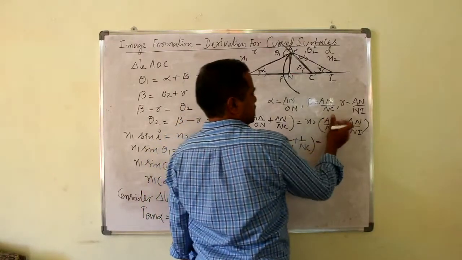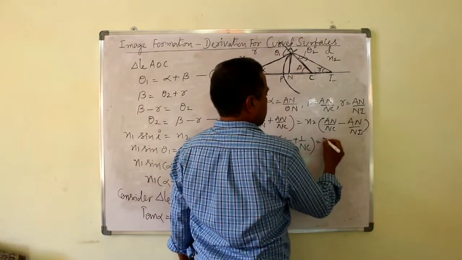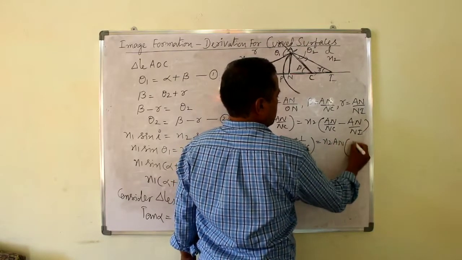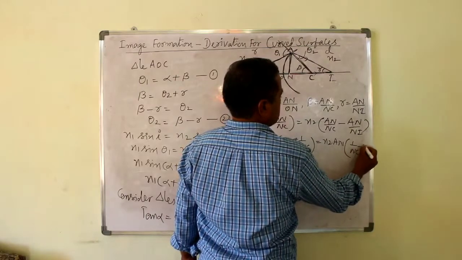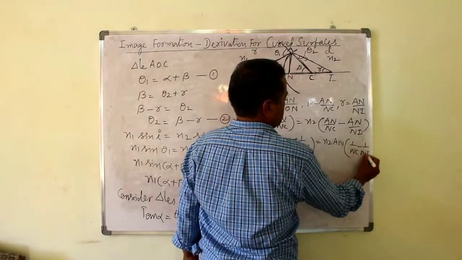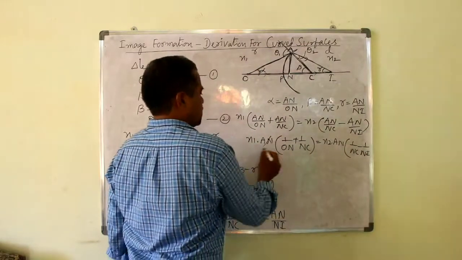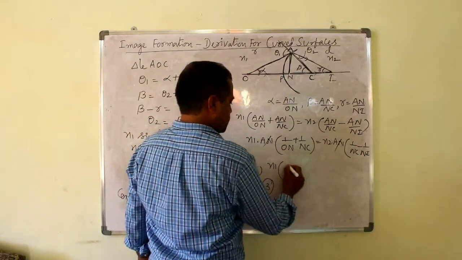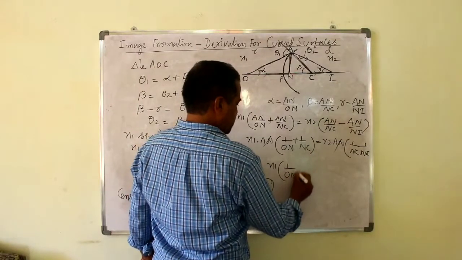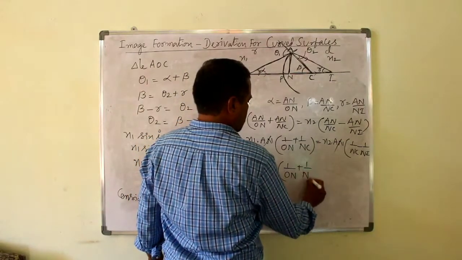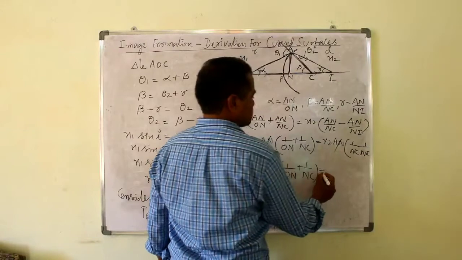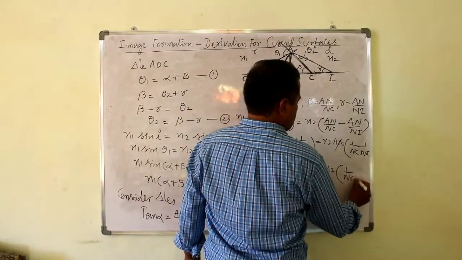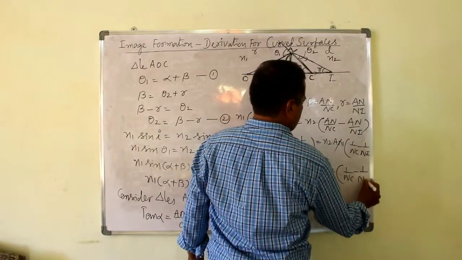Here also AN is taken as a common factor: n2 into AN (1 by NC minus 1 by NI). AN gets cancelled. So n1 into (1 by ON plus 1 by NC) is equal to n2 into (1 by NC minus 1 by NI).